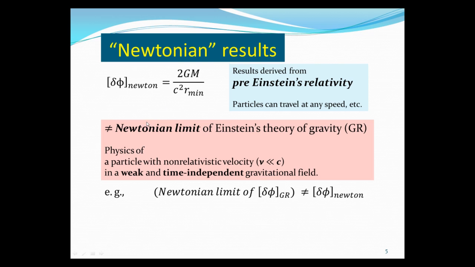This is not to be confused with the GR theory of gravity later on. In that case, we can take the Newtonian limit when a particle travels at a non-relativistic speed and the gravitational field is weak or time independent. The point is that the Newtonian limit of GR is not Newton's rule as we talked about pre-relativistic. They are different. Maybe I should say the Newtonian limit is not equal to pre-relativistic.